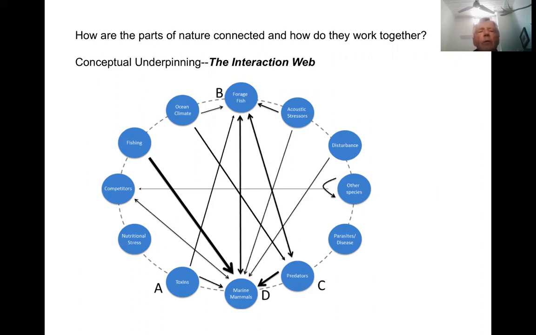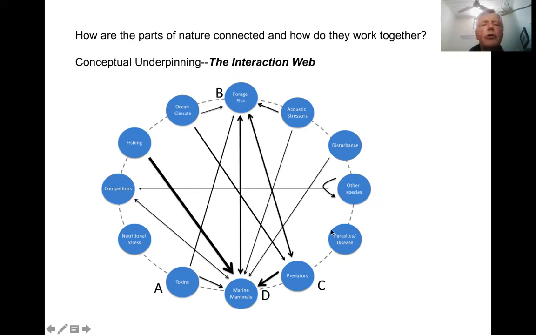An interaction web is an abstraction, as many things in science and in ecology are, and it's an abstraction of the way in which the physical environment and all of the species are linked together in a network of interactions. So food is important to species, and temperature is important to species, and competition and predation are important to species, and all of these things are linked together in this entity which we refer to as the interaction web.